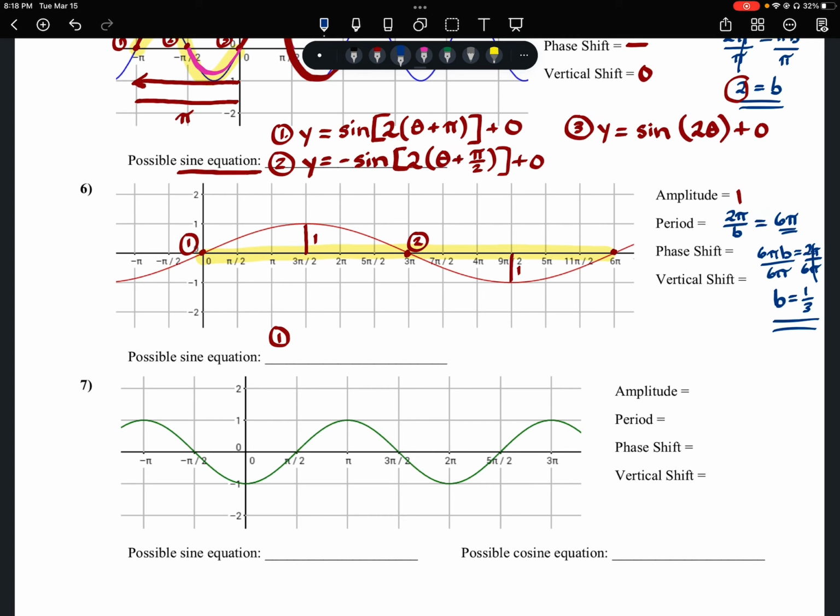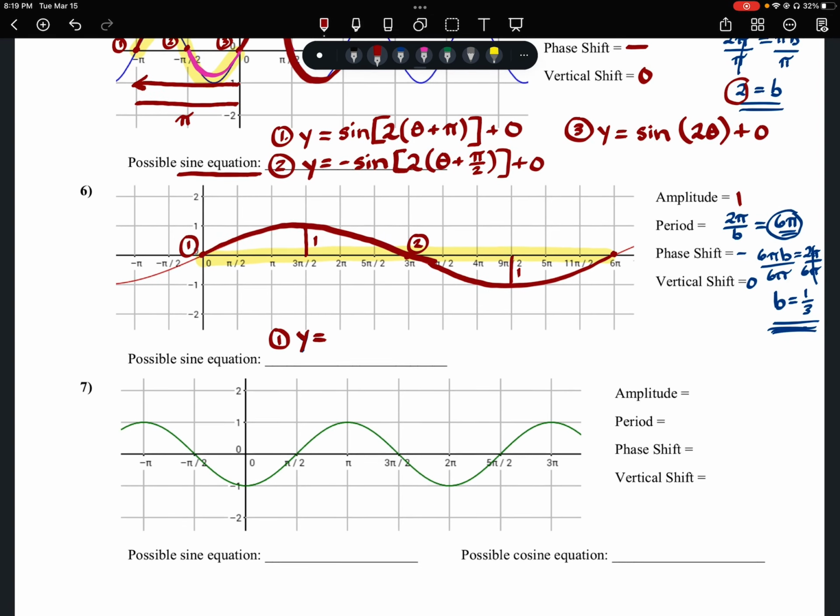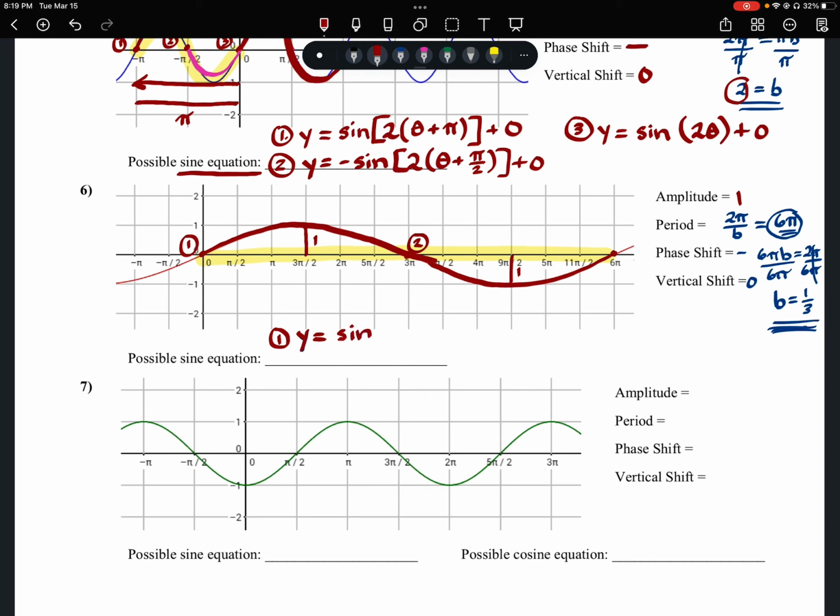So with our first one, we said that our period length was 6 pi. We know that b is 1/3. There is no vertical shift, and our phase shift is going to vary depending on our starting point. So here we go. We're talking about this first one, number 1. So y equals, it's positive because it goes up first, the sine function.